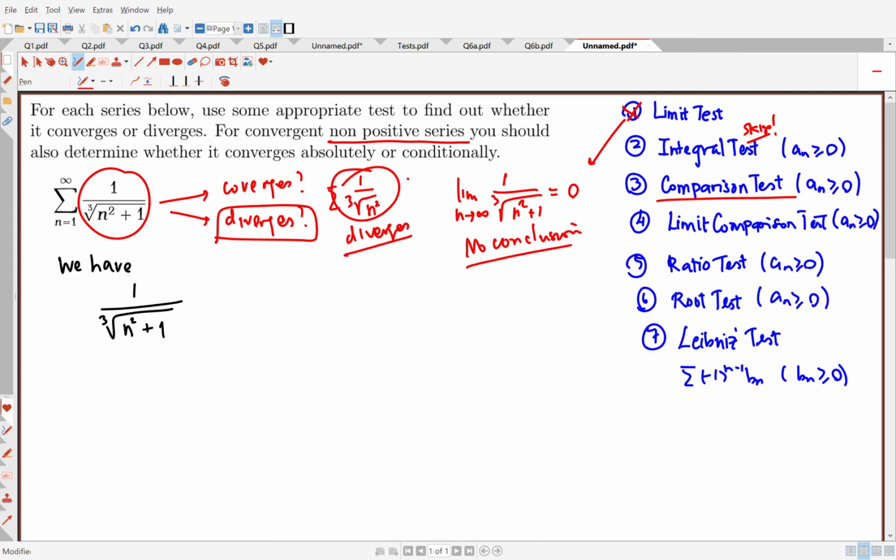So if we want to use the comparison test, we want the inequality sign to be like this, and I want the summation of this part to diverge. Then I can conclude that the summation of this diverges.